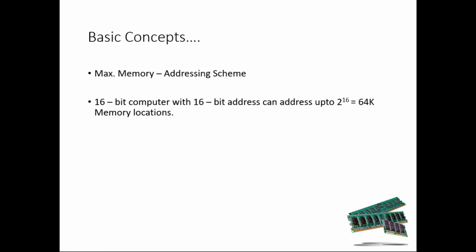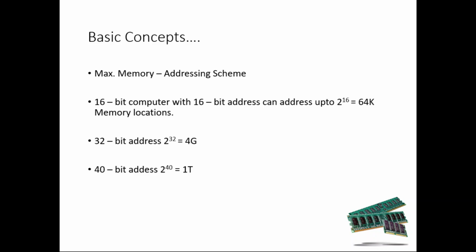If you have a 16-bit computer with a 16-bit address size, then it can address up to 2 power 16 locations, which is 64K memory locations. If you have a 32-bit address bus, then the system can refer up to 2 to the power 32 locations, which is 4G locations. If the system has a 40-bit address, then it can address 2 to the power 40 locations, which is 1 tera locations.